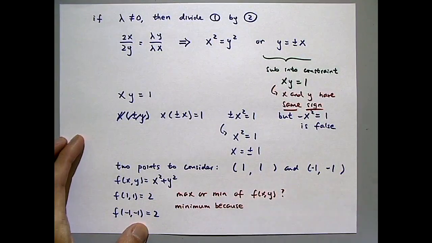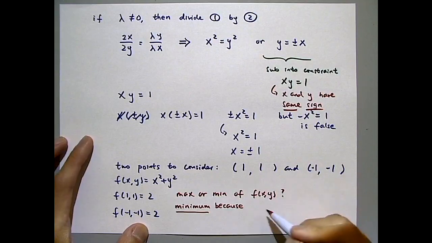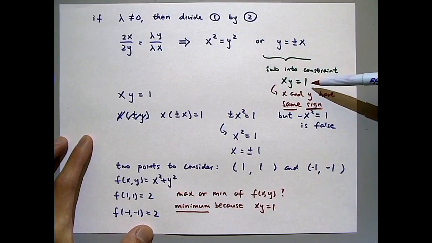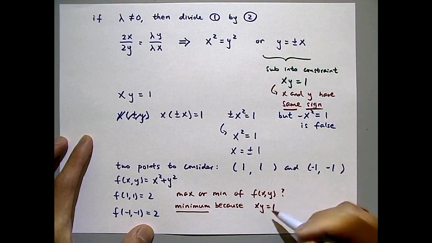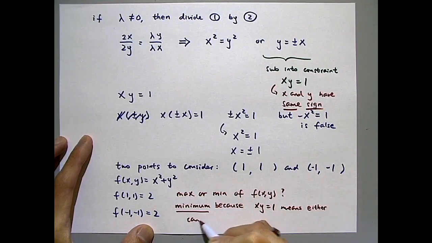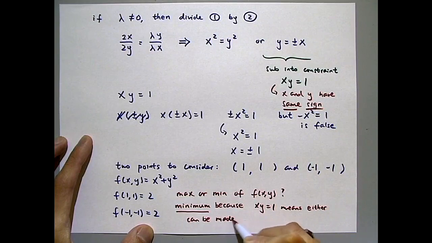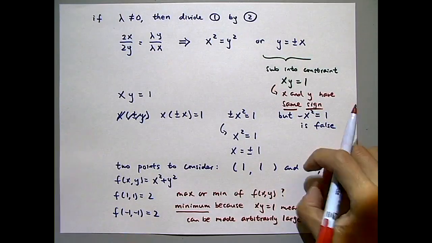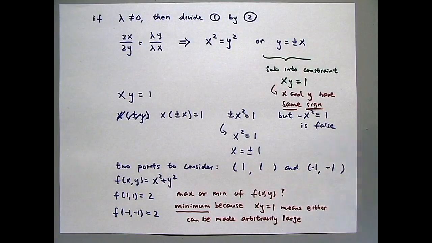Another explanation, which I'll write down here. Another way to look at it is that we know x times y has to be equal to 1. So that means either x or y can be made arbitrarily large. For example, I can make x 1 billion, and I can make y 1 over 1 billion.